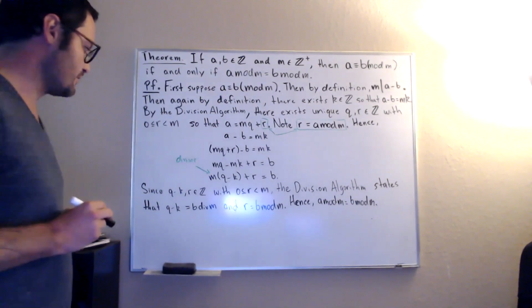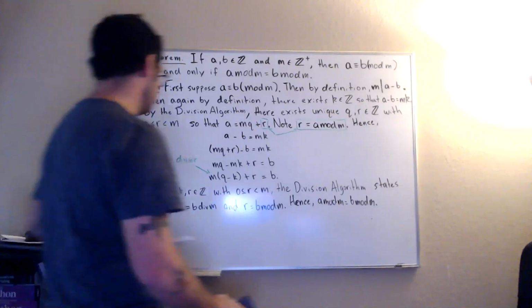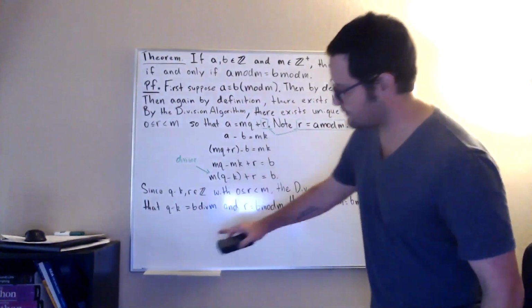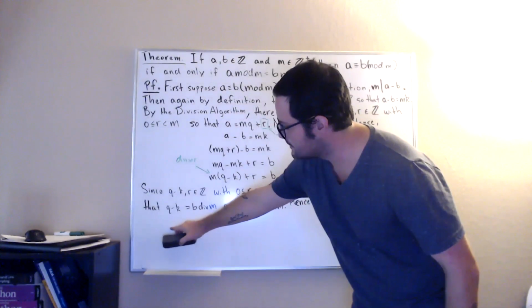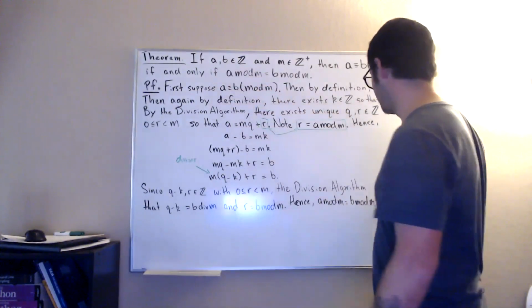Now we have to prove the other direction. Okay. So typically I would write an indent right here and I'd say conversely, and then prove it. So I'm going to have to erase to have more room.